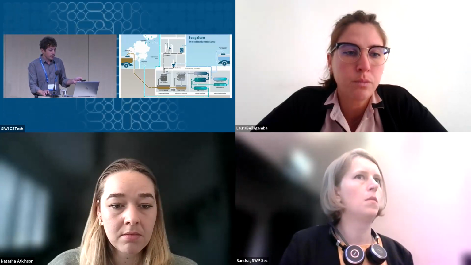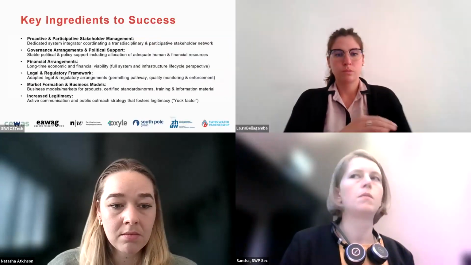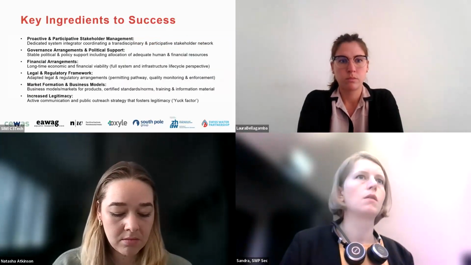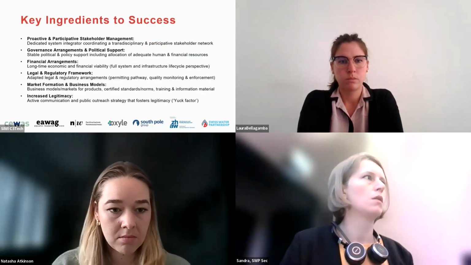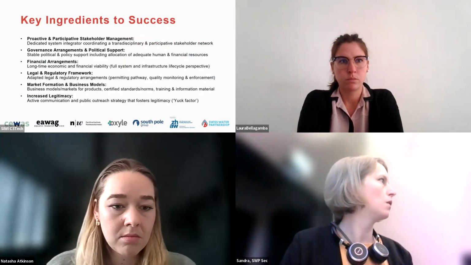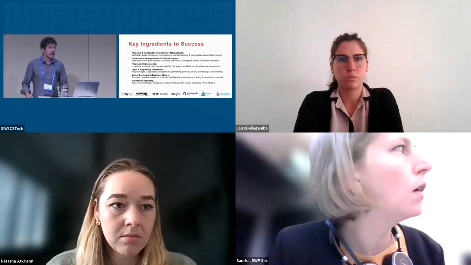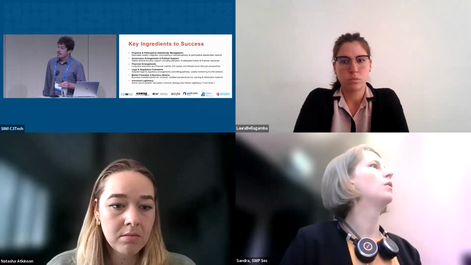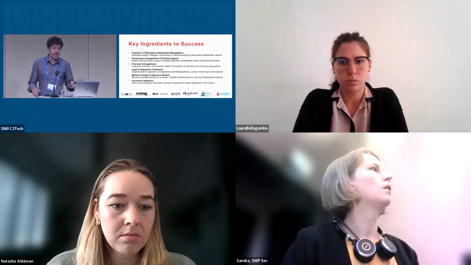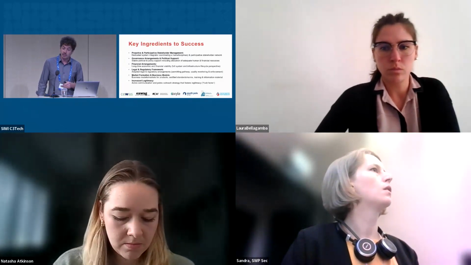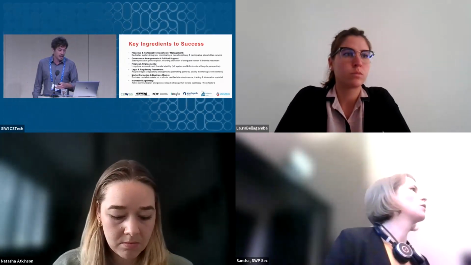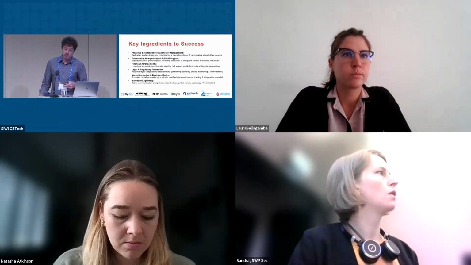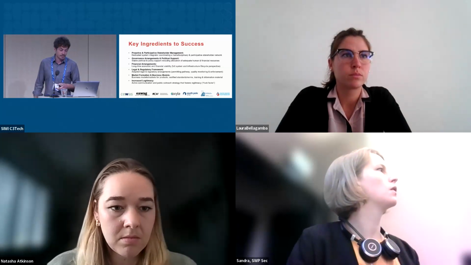Coming to the overall findings and the key ingredients, first and foremost, proactive and participative stakeholder management, because implementing a circular solution is to a large extent a communication and an administration project. This means that you need a dedicated system integrator that coordinates and aligns a large number of stakeholders with their varying interests, and which coordinates a dense and transdisciplinary network which participatively creates solutions.